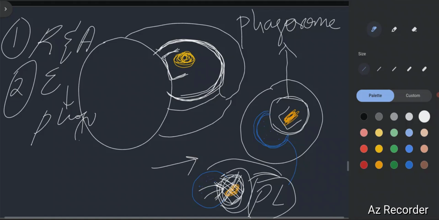Now you may ask, why did neutrophil or macrophage destroy this receptor? It's because in all of this process of lysosomal enzymes, you actually destroy your neutrophil as well. So there would be no need of receptor because you won't be having your neutrophil alive. Okay, so it's okay if you destroy that receptor.